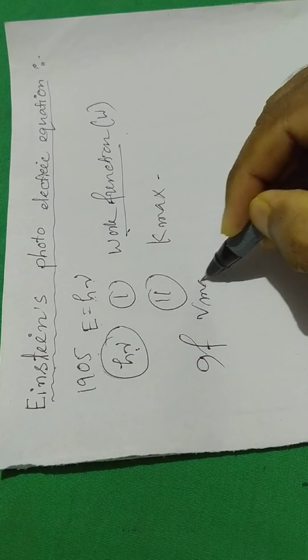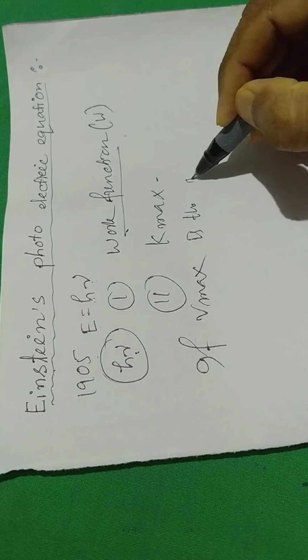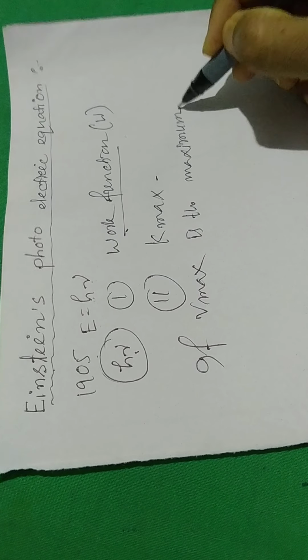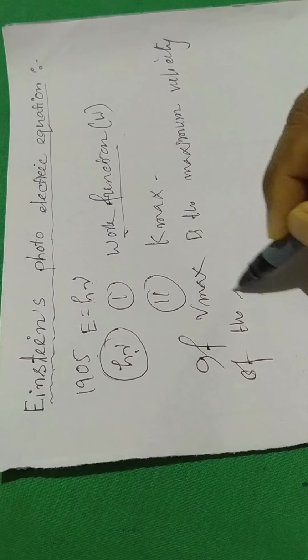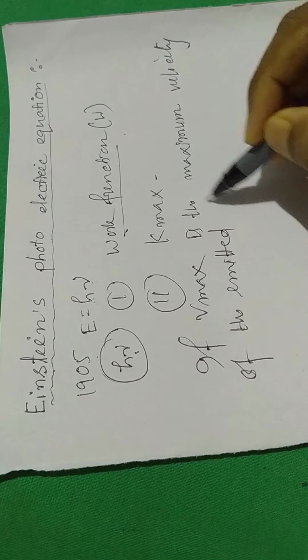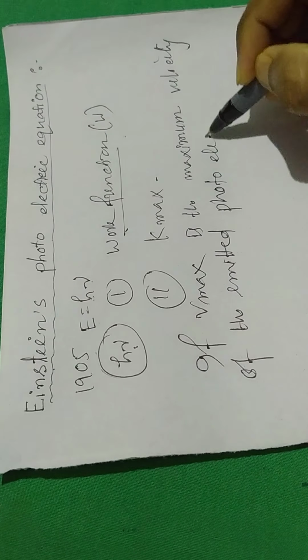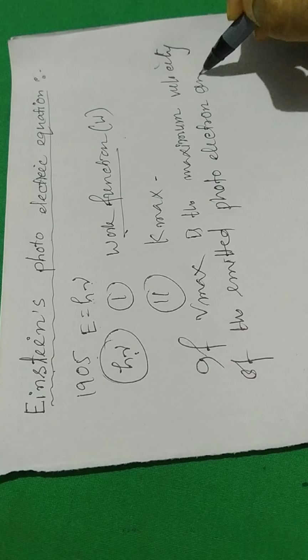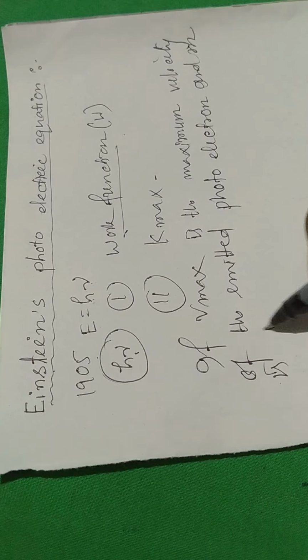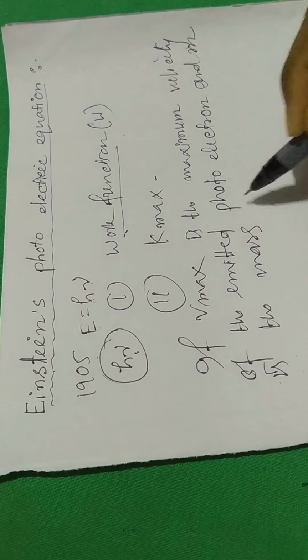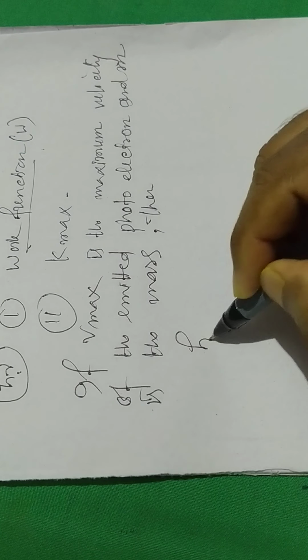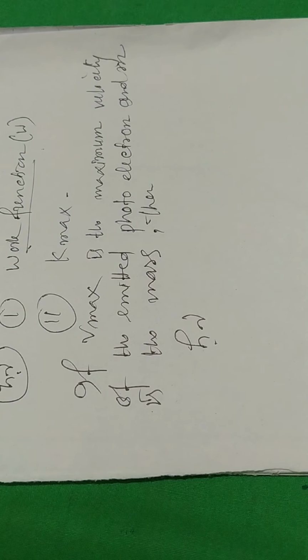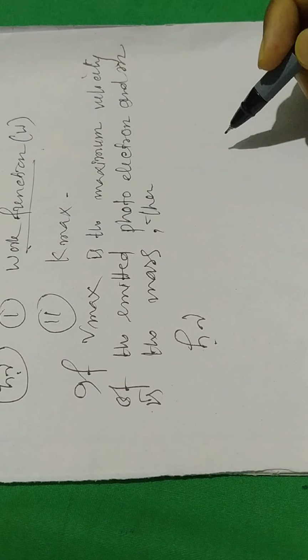If Vmax is the maximum velocity of the emitted photoelectron and m is the mass, then according to Einstein, h nu is the energy of the photon incident on a metal surface.